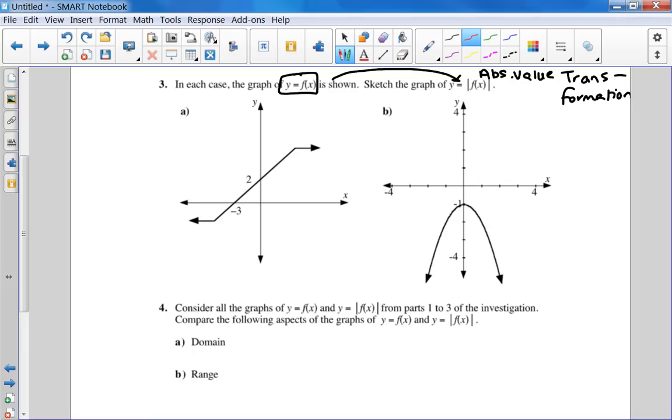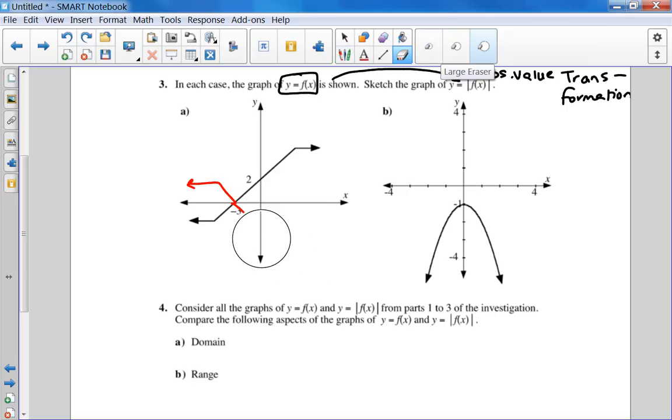So I'll use another color. And you can see, is that challenging? No. So why don't I reflect this stuff down here? Why don't I do that? Because it's already positive.